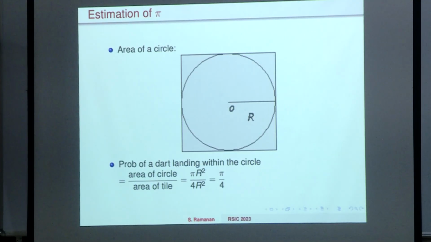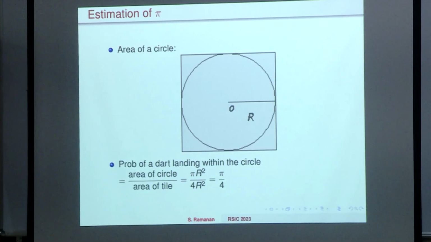If I throw darts, there is a probability that these darts can fall inside, and let's assume that I have some machine which allows the darts to fall only in the area of the square, nothing outside, it's limited. So no darts are wasted. As I throw, what happens? The probability of the dart landing inside the circle is the ratio of the area of the circle to the area of the square, and that ratio is of course pi by 4.